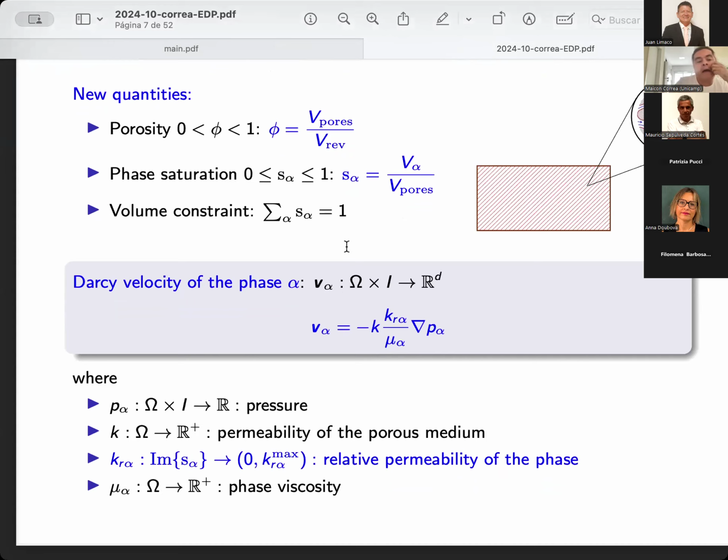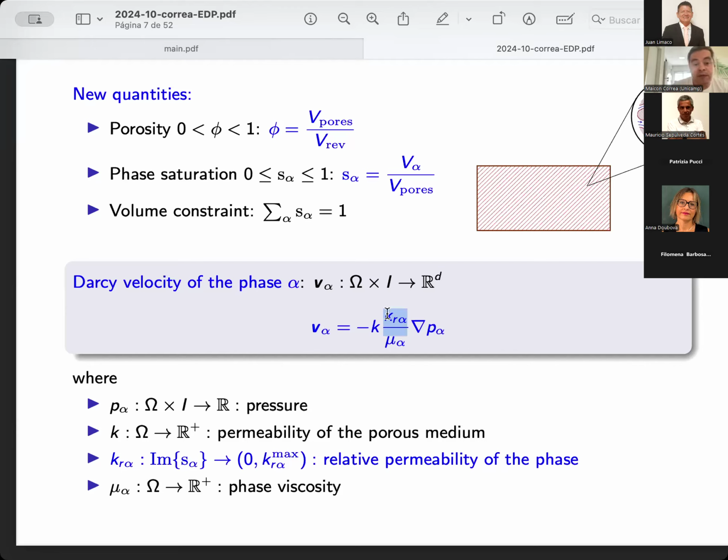So, and the Darcy velocity, what happens? Okay, it's a generalization of the Darcy velocity. The new part here is now you have one velocity for each phase. You have different velocities for the phases. And you have the viscosity, and now you have the pressure. The pressure may be different between the phases. And you also have here a new function that we call the relative permeability.